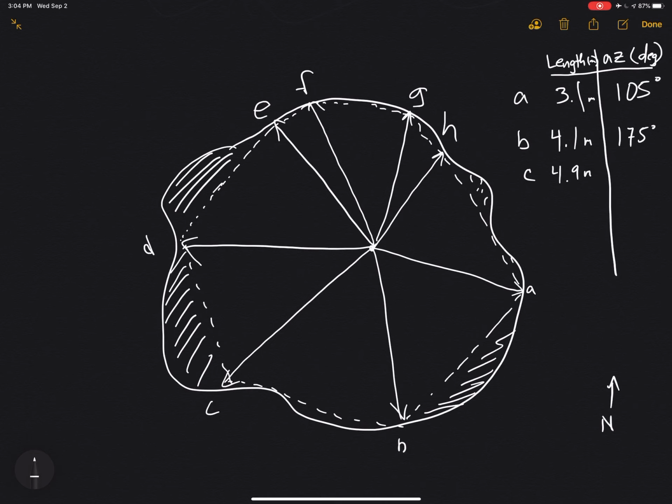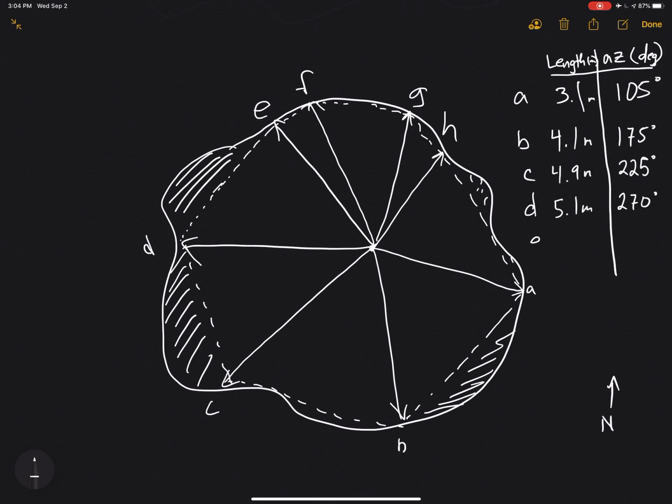And that's going to be, well, it looks like it's about parallel to kind of the southwesterly direction. So that's going to be 180 plus 45. Let's call that 225 degrees along that radius. Okay? And so on around the table. D is going to be 5.1 meters at about 270 degrees, or let's call that due west.